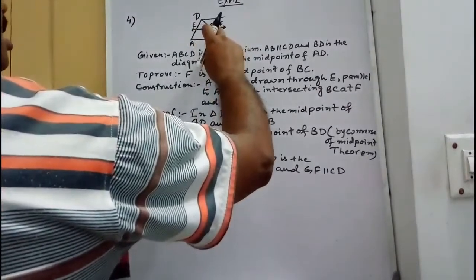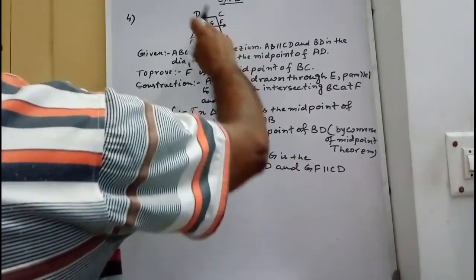So this line, GF, is parallel to CD in this triangle BCD.